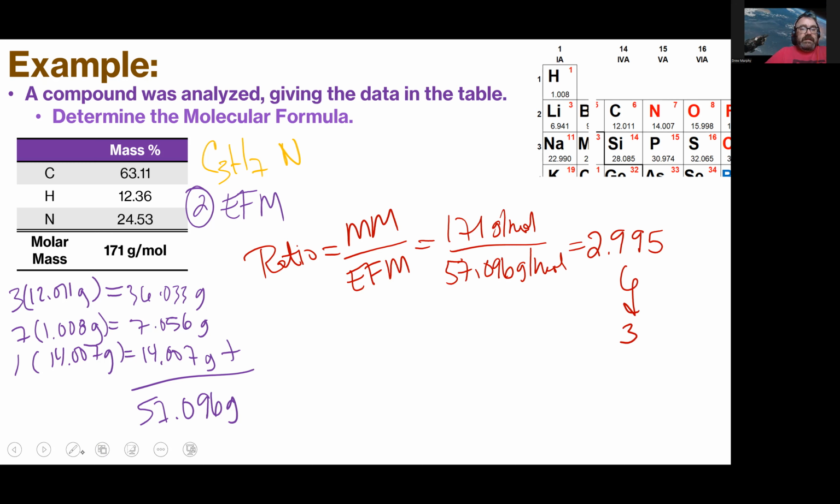So what does that mean? That means our molecular formula is 3 times our empirical formula, so 3 times 3 is 9, so C9H21N3. That's our molecular formula.